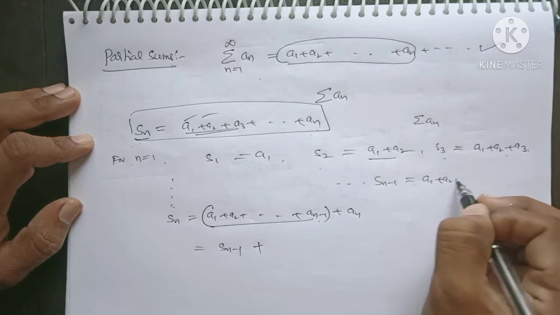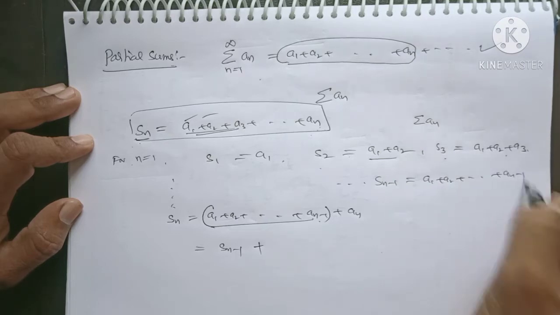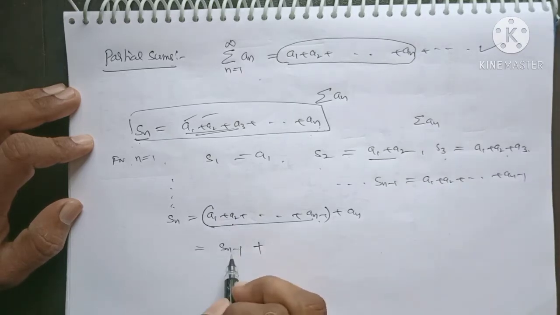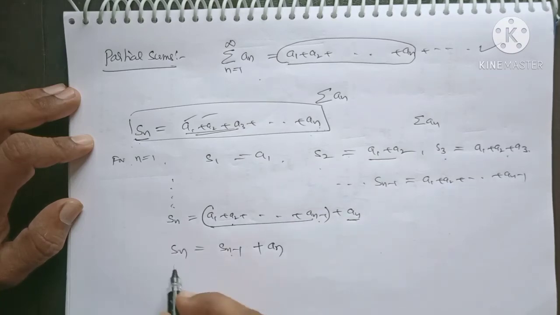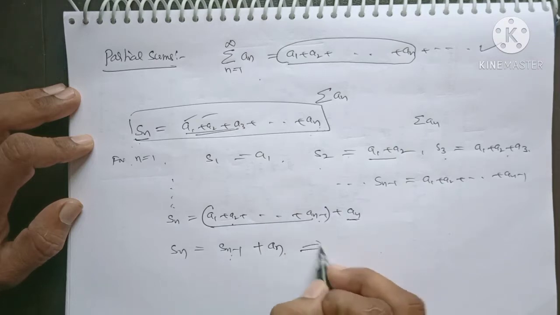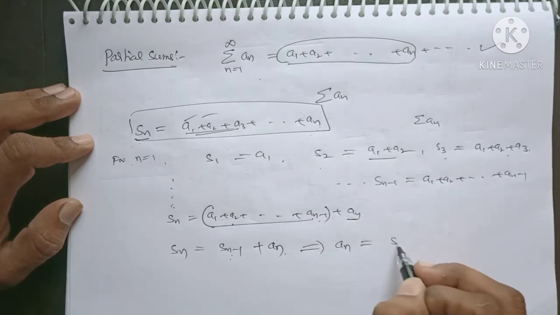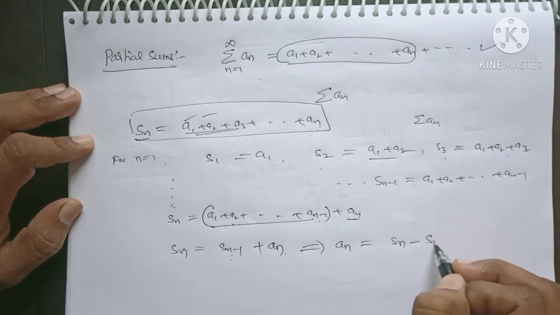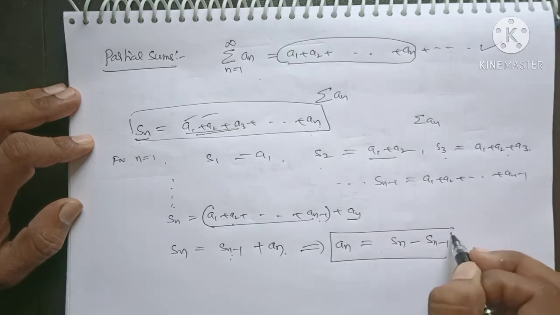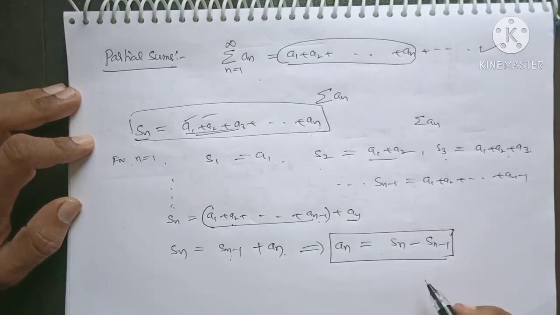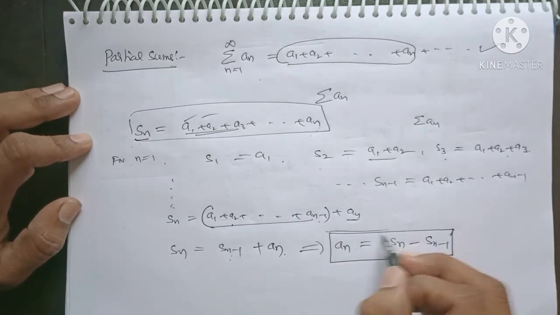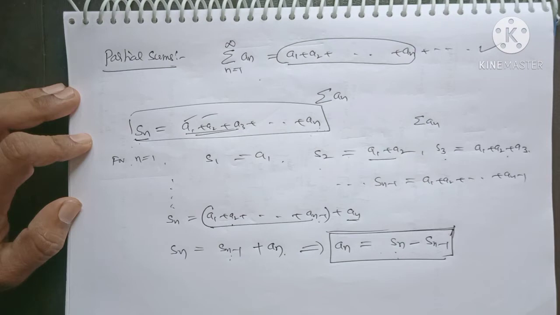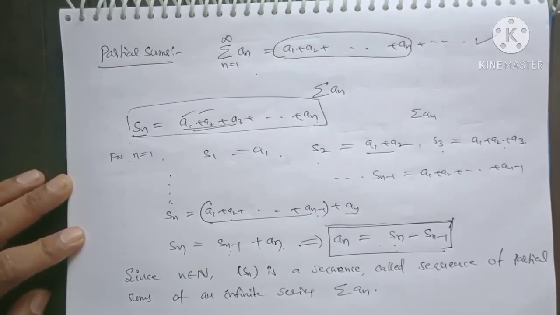The nth term is an, so Sn is equal to Sn minus 1 plus an. Therefore an is equal to Sn minus Sn minus 1. This is the relation between Sn and Sn minus 1.